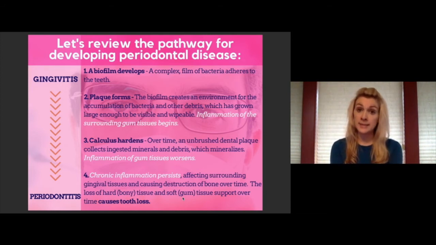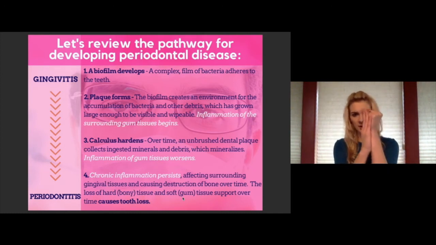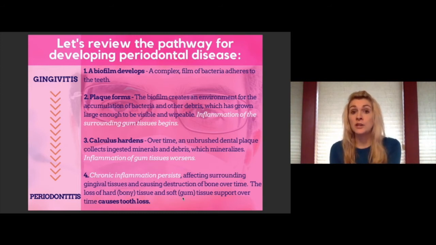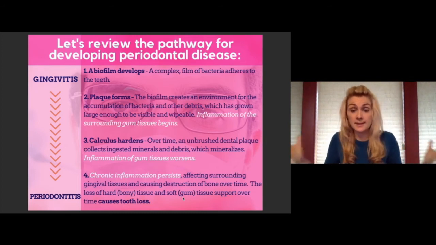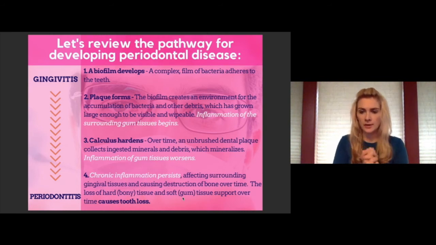Inflammation of the gums, in this case, worsens because that is a much stronger foreign invader to fight against for the gum tissues. And what happens is they start growing slowly away from that tooth process because they're angry and upset. Lastly, chronic inflammation persists if this calculus and this debris is not wiped away. There's viruses, there's bacteria, there's a lot of things within that plaque and within that calculus.